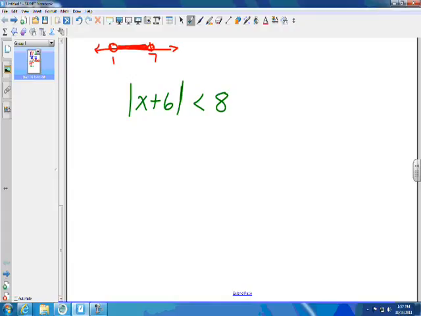That automatically tells you that you have an and. So what goes on the left-hand side of the and? Negative 8. Whatever that is. If it's a million, you write negative 1 million. Is less than x plus 6 goes in the middle, which is less than positive 8.